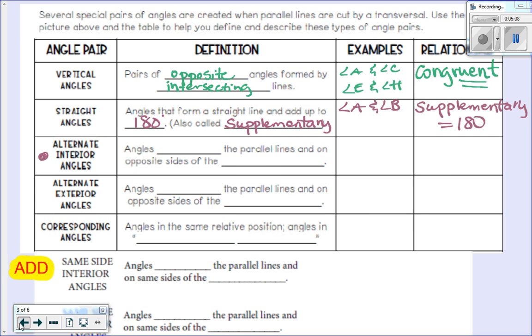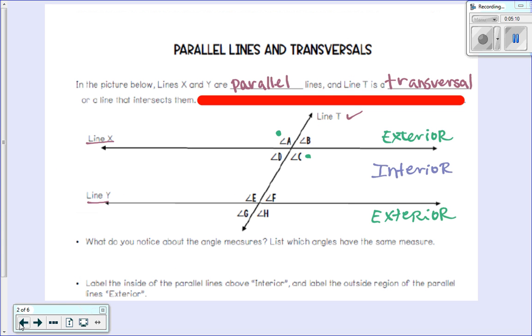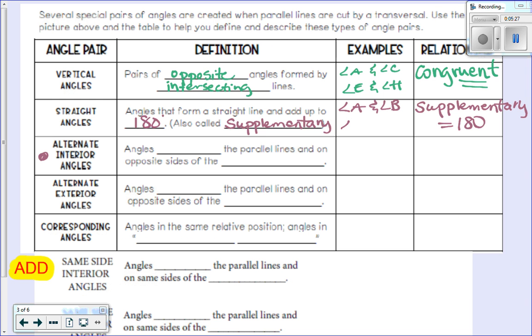Okay, any more? Good. Angle G and angle H are supplementary. What about angle H and angle F? Yeah, there's a lot, right? Let's just name two. So I'll write down angle G and angle H.